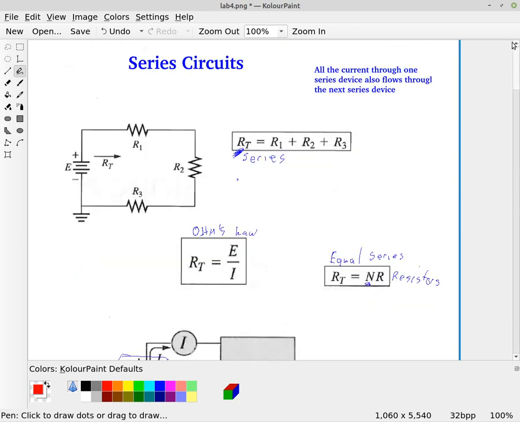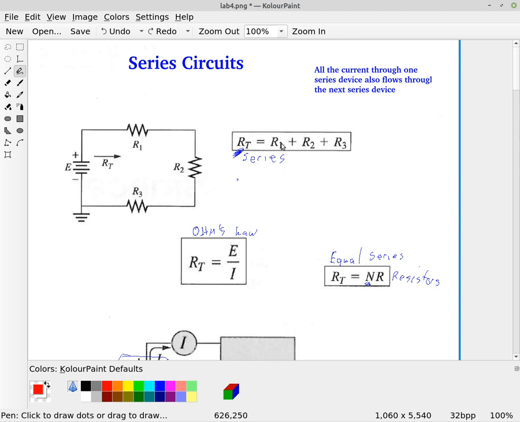All right, so just kind of as a recap here, we have series circuits says that all the current flowing into that device, whether it's a resistor or a battery or any other device, all the current flowing into this one device and coming out of that one device and then going directly into another device, those two devices would be in series.